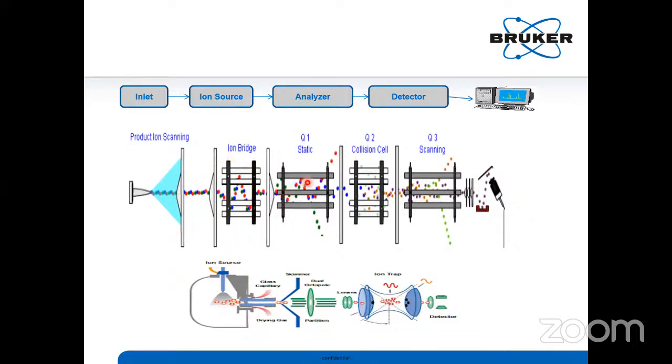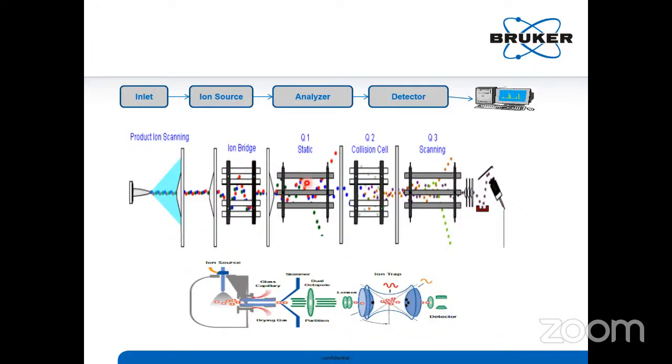The first quadrupole will work as a mass filter. What is a mass filter? When you are concerned only about your molecule, when you inject your sample, it may contain even 20 Dalton, it may contain even 2000 Dalton. But you want to check only your sample mass, which is 1500 Dalton.